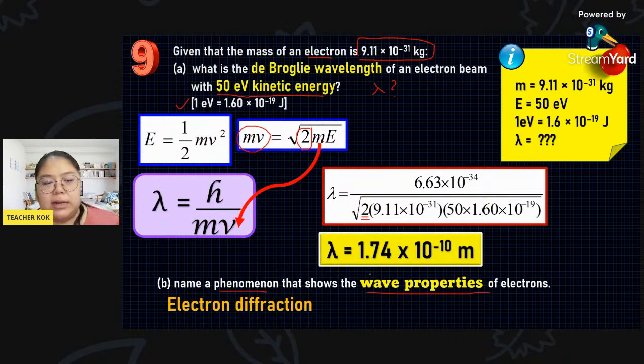Anyone who says a phenomenon for wave properties, you can say interference, you also can say diffraction. It depends on you, because for wave properties there are only 2 for the electron to show the de Broglie concept. So only diffraction and also interference. These are the 2 phenomena from the wave properties.